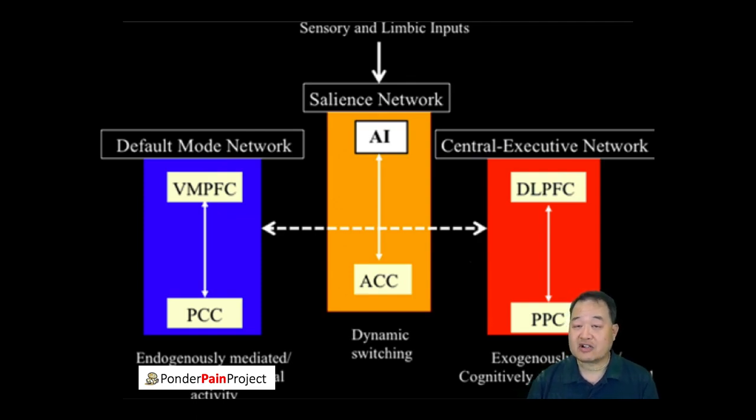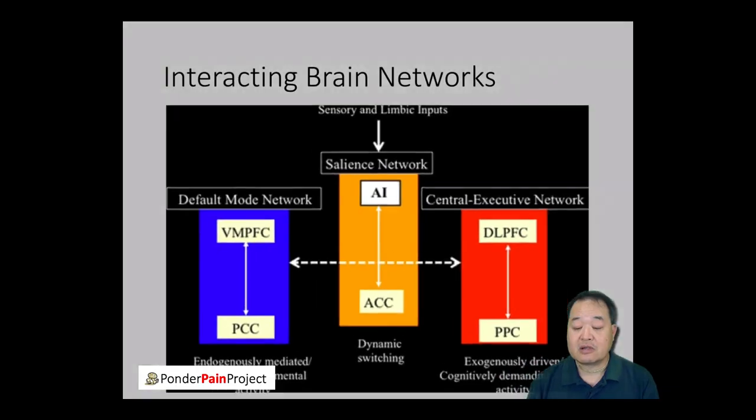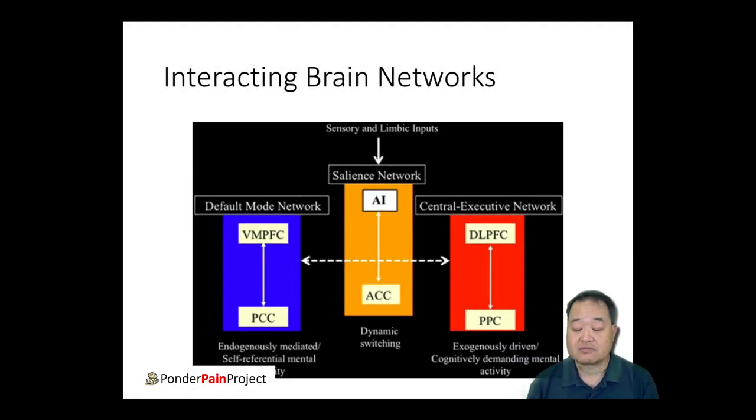And then when we start to modify our first original thoughts, we get to our dorsolateral prefrontal cortex and our PPC cortex as well. Okay, and so these are the areas that are responsible for the different networks that we just talked about.